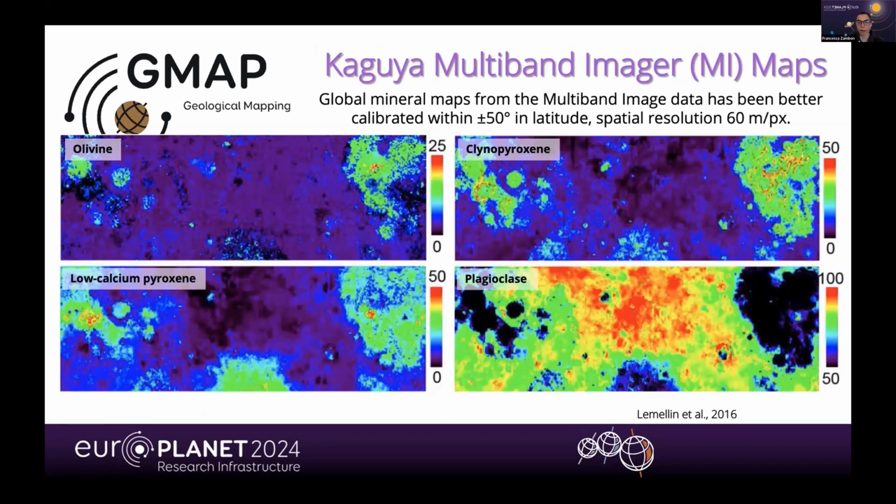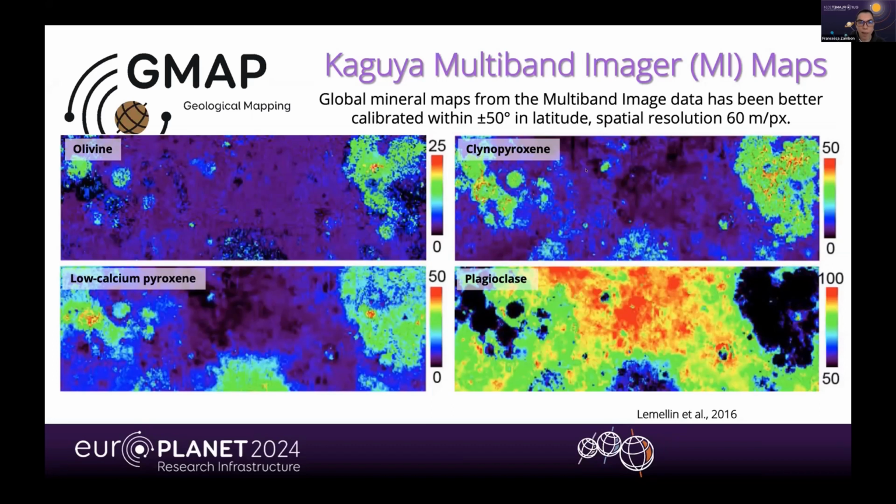Lemelin and Alt produce detailed global mineral maps from Kaguya multi-imager data. And you see here the distribution of olivine, the clinopyroxenes, low calcium pyroxenes, and plagioclase, which are the main phases present on the moon.